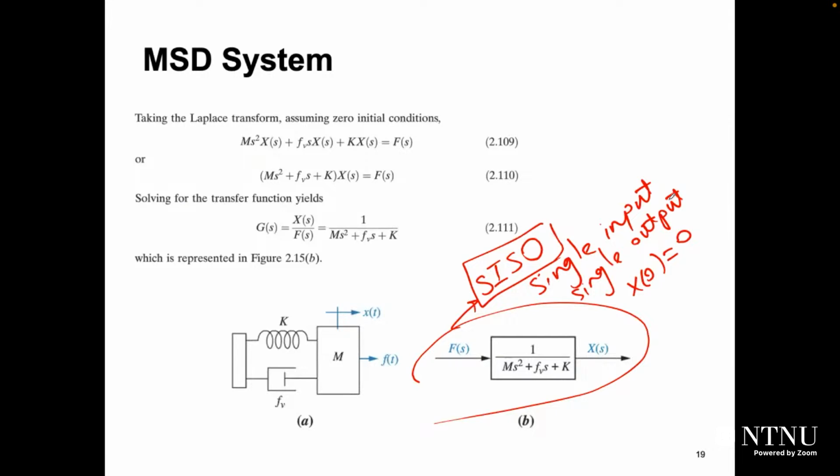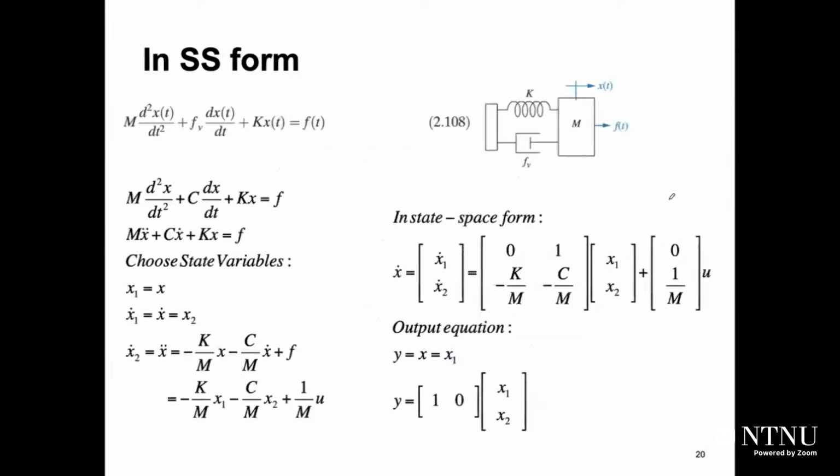But if you want to get the state space representation, we can start from the differential equation. This one is the motion equation. It's a differential equation, and it's second order because we have d square x by dt square. If you just want to write it in a nice way, you can put it like this: mx double dot, right?